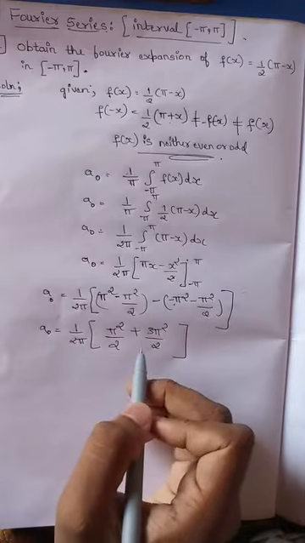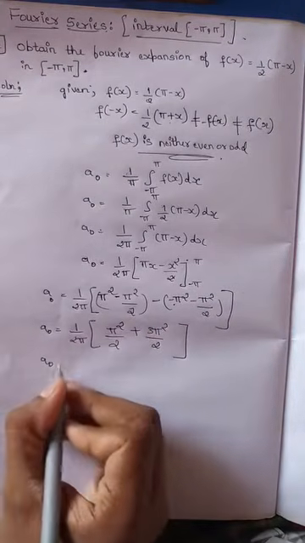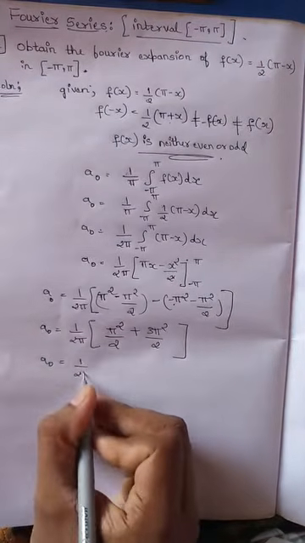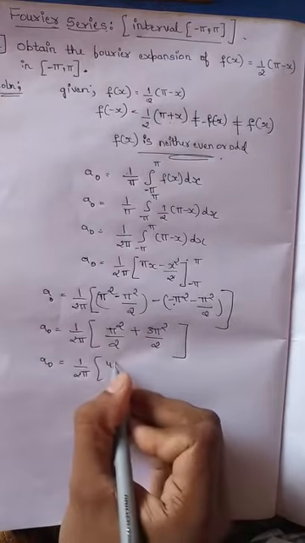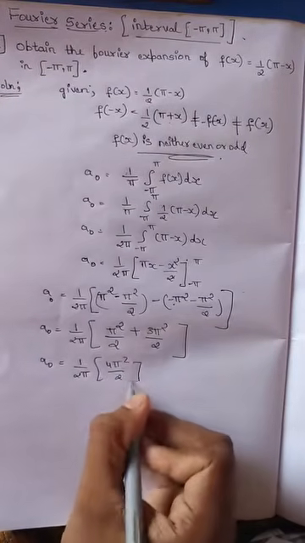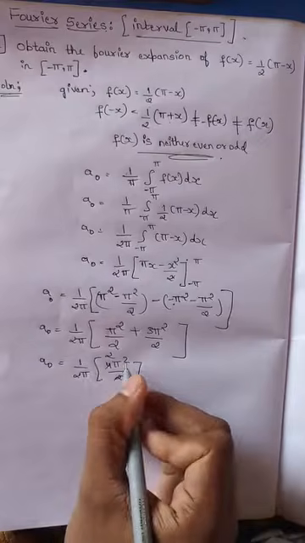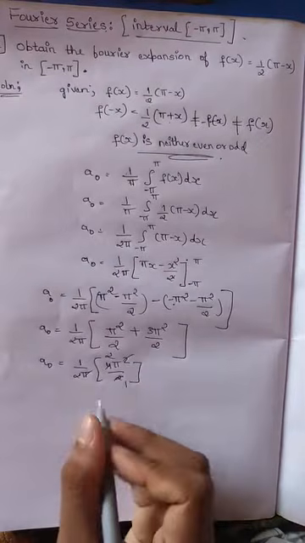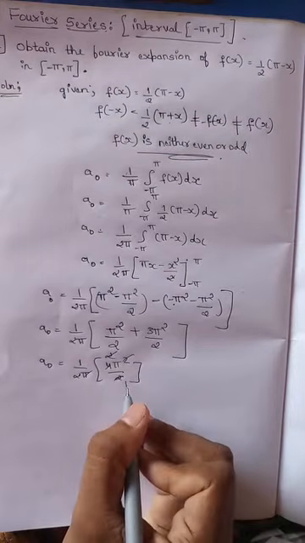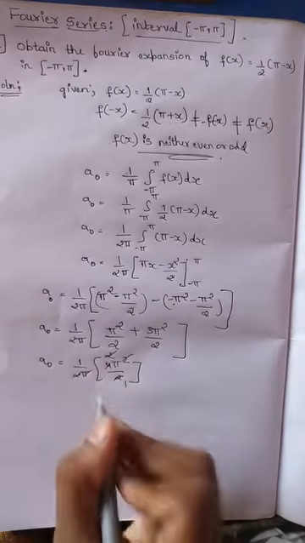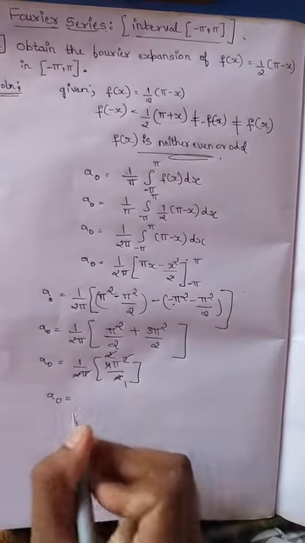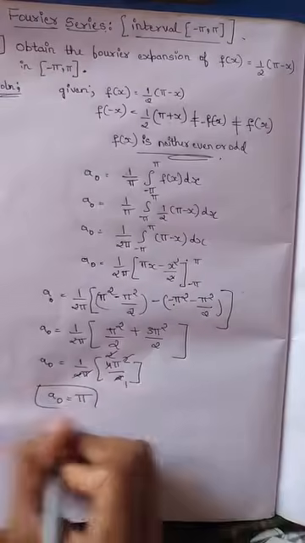So minus into minus becomes plus. Simplify. Two ones are, two twos are, 1 pi gets cancelled and 2 gets cancelled. So a0 is equal to pi.